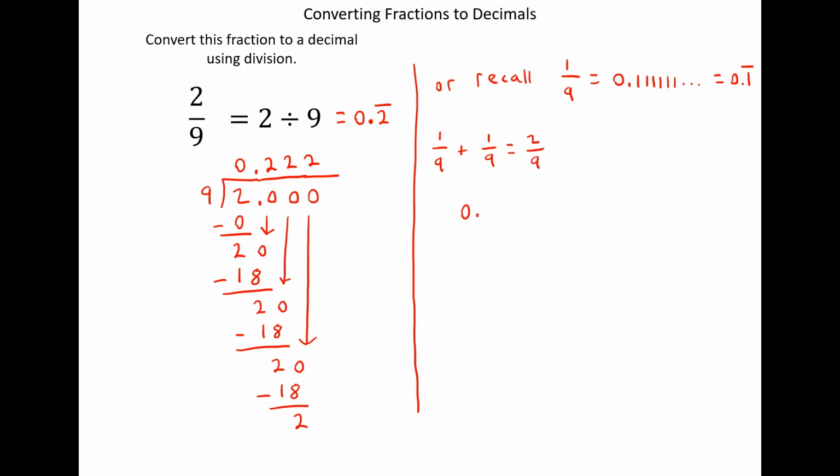So if I'm adding 0.111111... to itself, I'm simply just going to get 0.22222..., 0.2 that repeats forever. So hence, I can just say 2 over 9 is going to be 0.2 repeating. So notice how that may or may not be faster depending on how comfortable you are with long division.